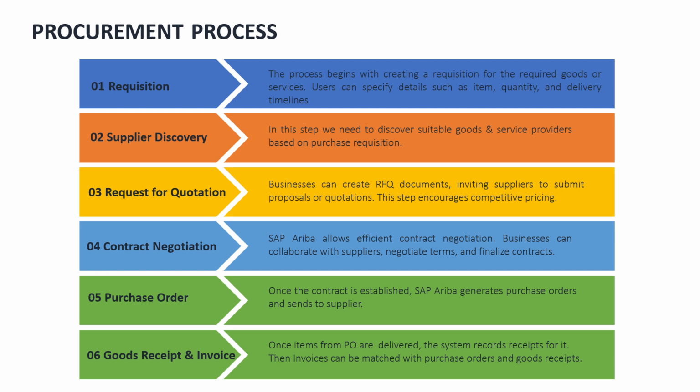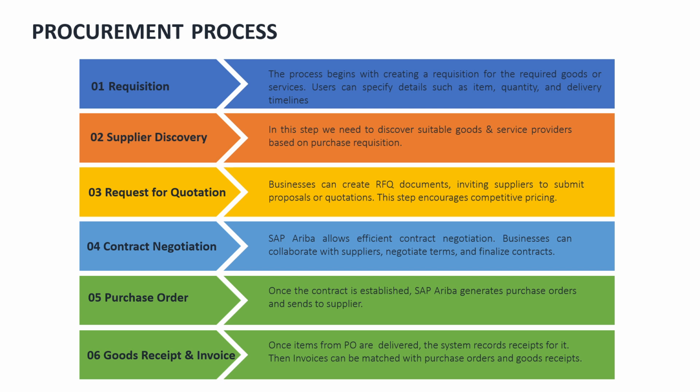Once the RFQ is done, then the next step is contract negotiation. In this, SAP Ariba allows efficient contract negotiation. Means businesses can collaborate with suppliers, negotiate terms and finalize the contracts.